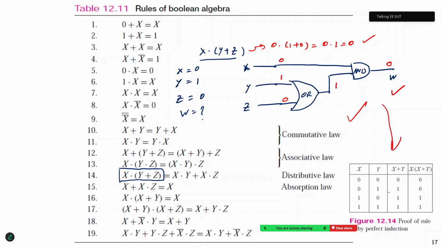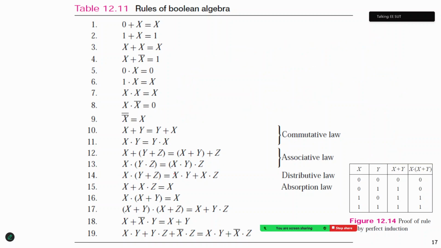Okay. So to form the truth table with more than 2 inputs, we just add some more columns and more rows into the truth table. Okay, I will show you an example. For example, if we would like to draw the truth table of this logic, X and Y plus X and C, how to get the truth table?